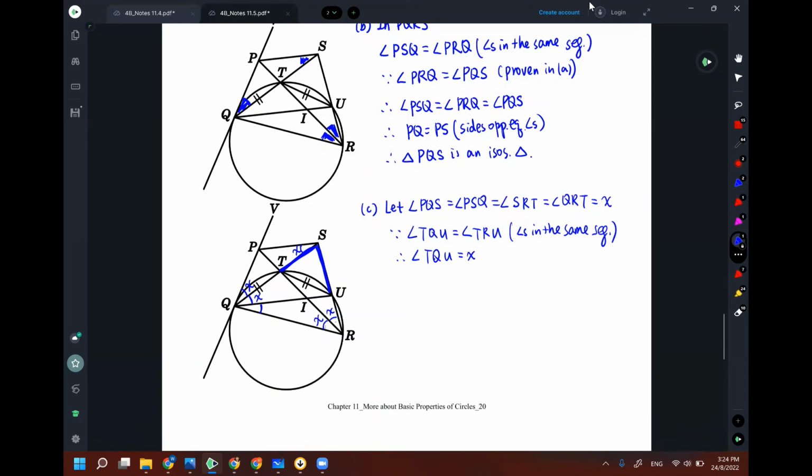It seems like I don't have anything else to move on, except the newly added condition, TS equals US. So because TS equals US, therefore angle STU equals angle SUT.